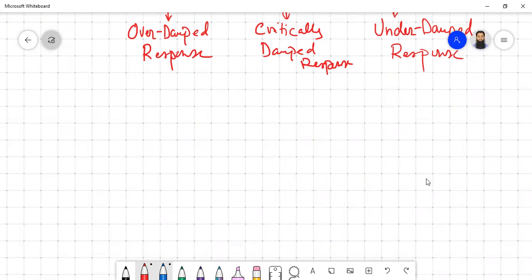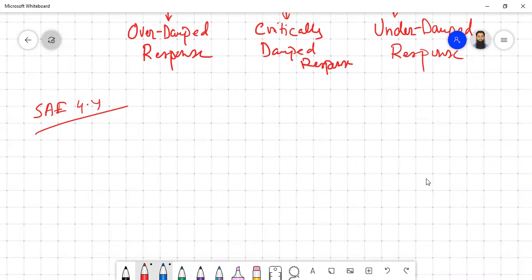Then you also have one skill assessment exercise, skill assessment exercise 4.4, a similar thing. The value of zeta and omega n you have to calculate, and based on that you have to determine what the system response is going to look like.